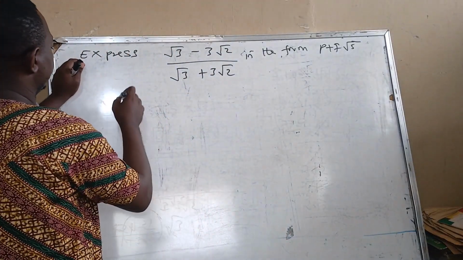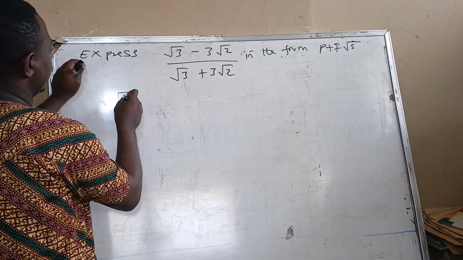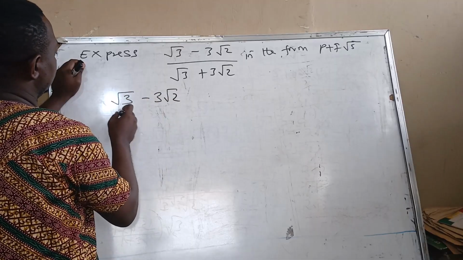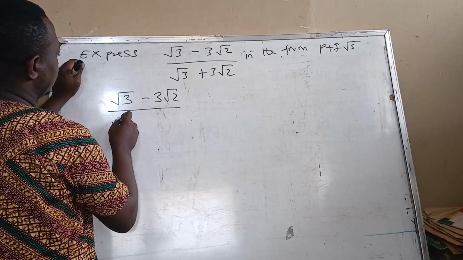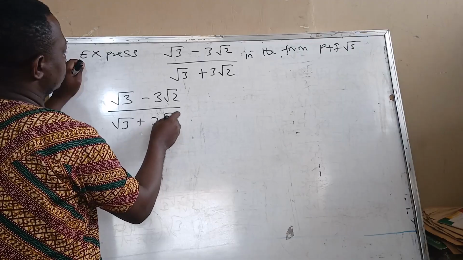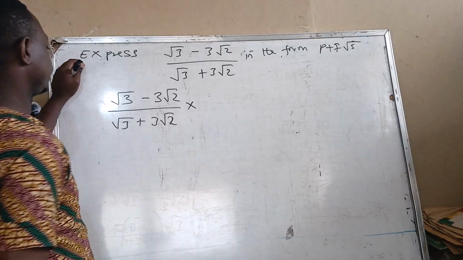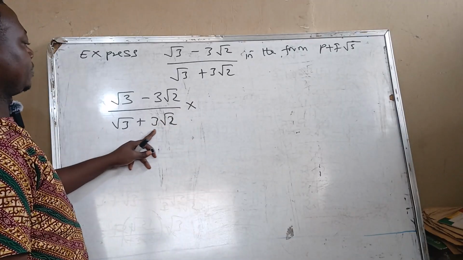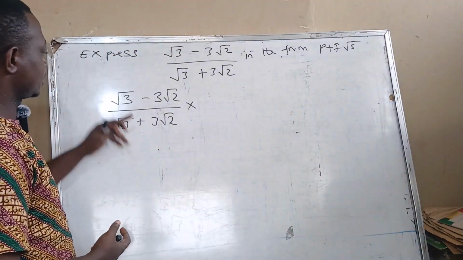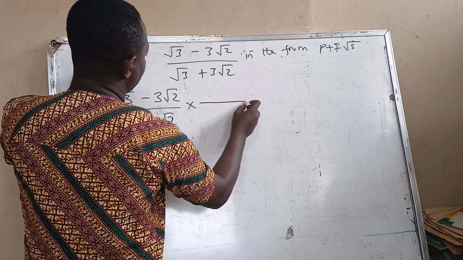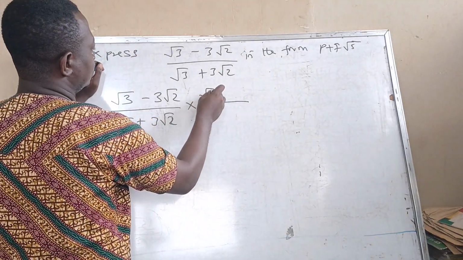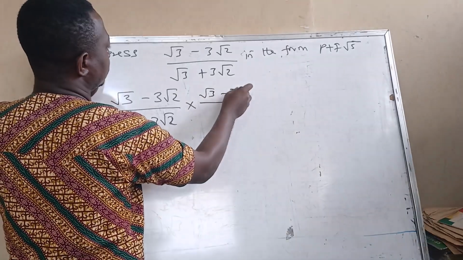So we have square root of 3 minus 3 root 2 on root 3 plus 3 root 2. Remember, we need to multiply both numerator and denominator by the conjugate of this. You know the conjugate is where we change the sign. So we have this.